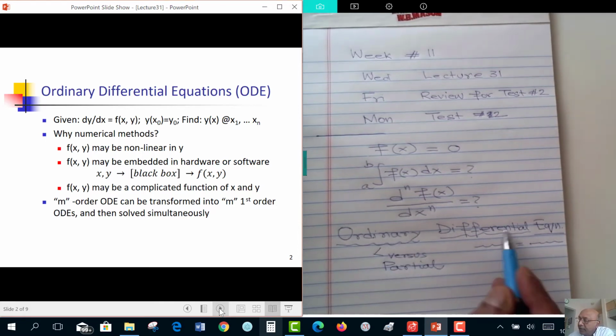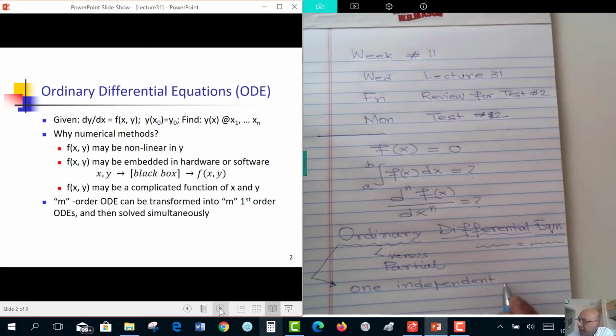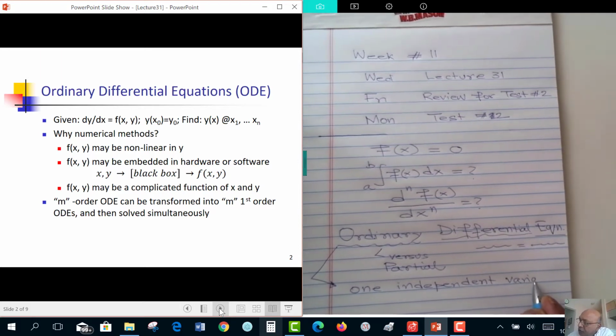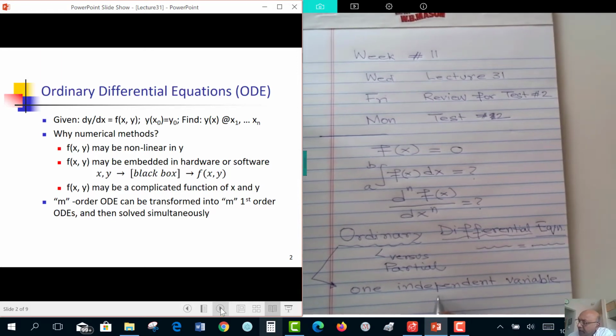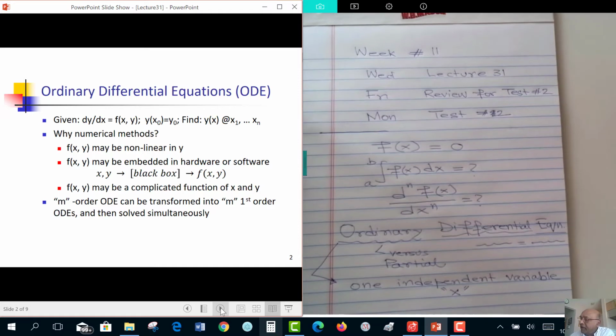So ordinary differential equation versus a partial differential equation. Ordinary means that we have one independent variable. So we are going to take derivative with respect to that independent variable. Usually this independent variable is either a dimension like x or it is time usually, but not always.